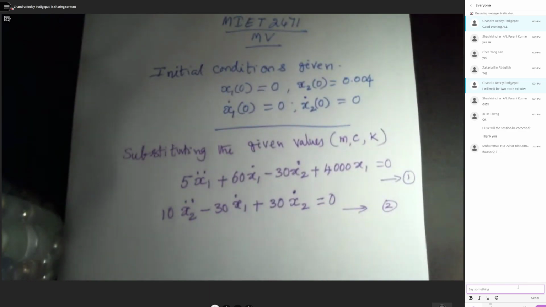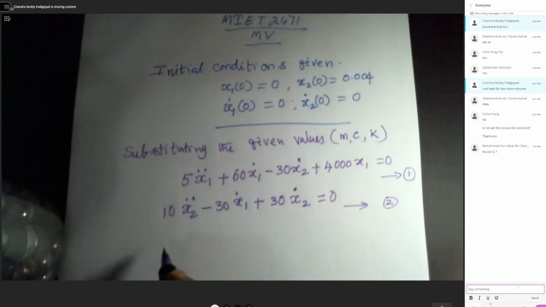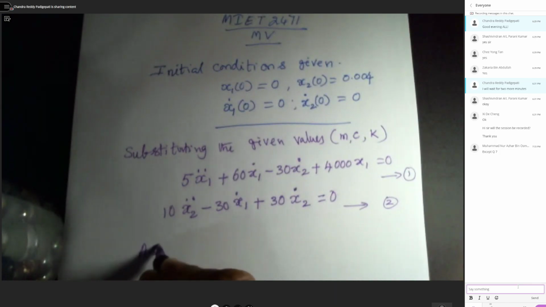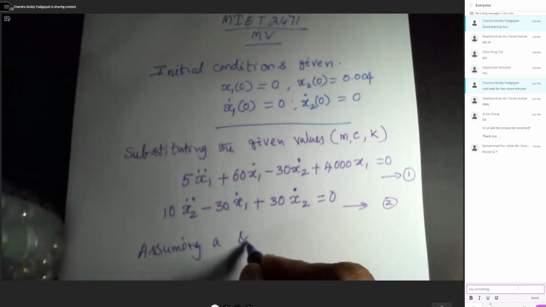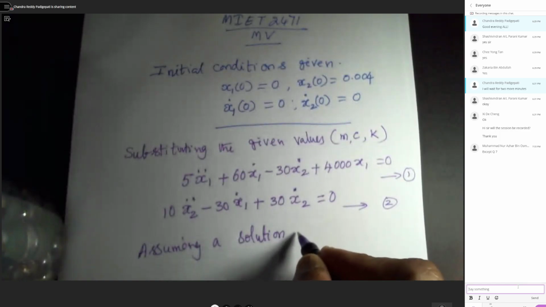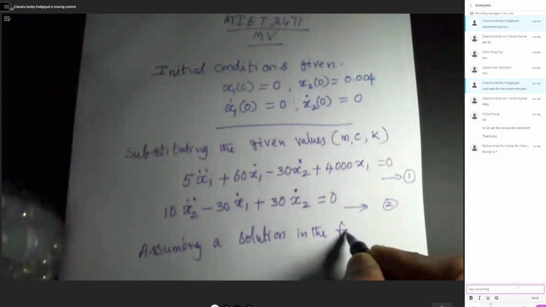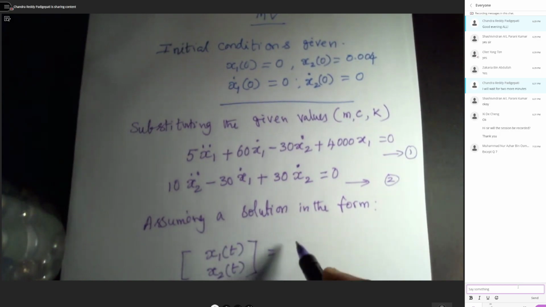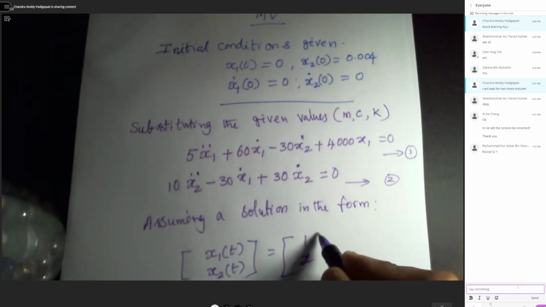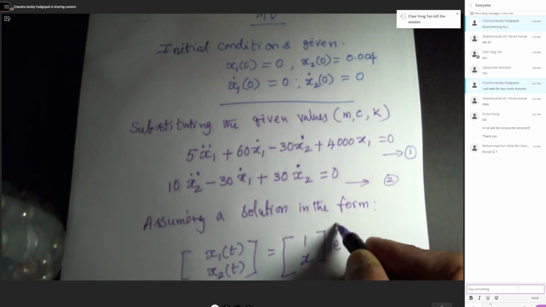So now we need to find the response for this system. So we can assume a solution. The response of the two masses, x1 and x2, we take as 1 and X times e power lambda t.